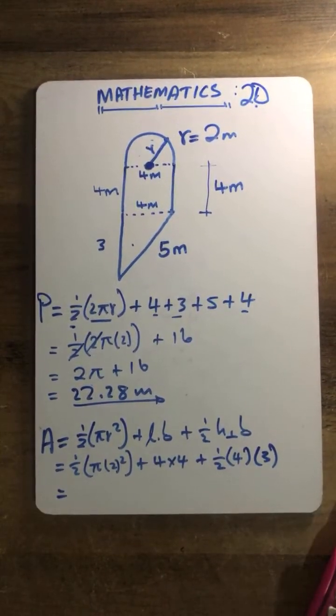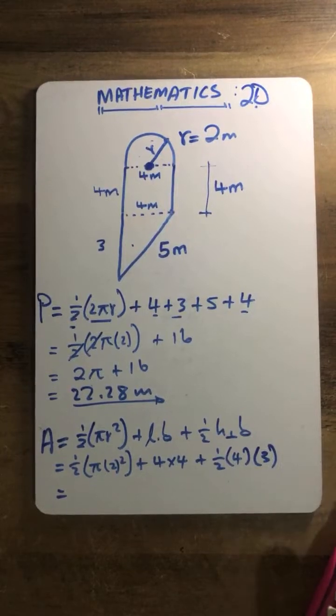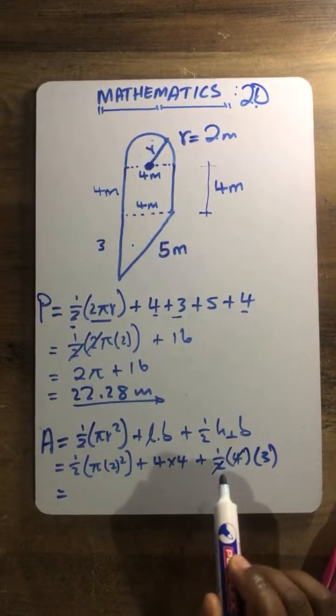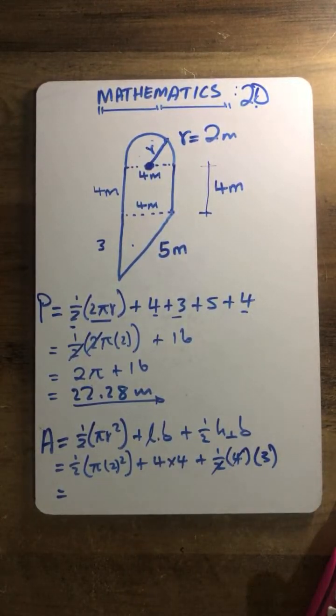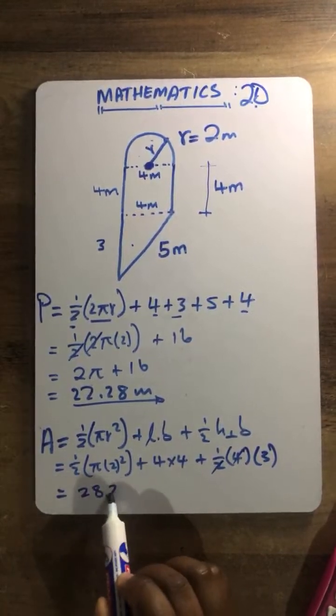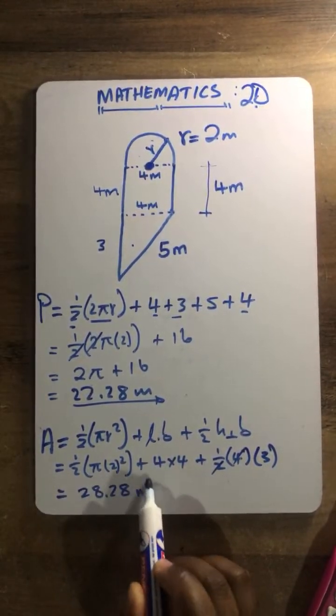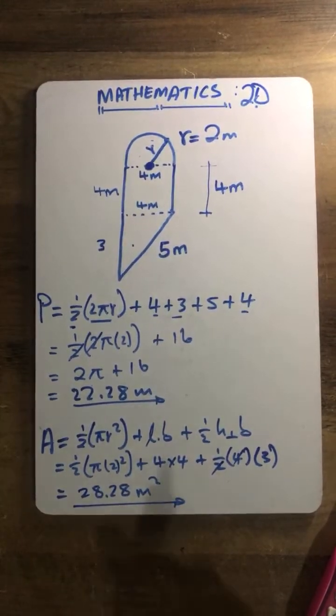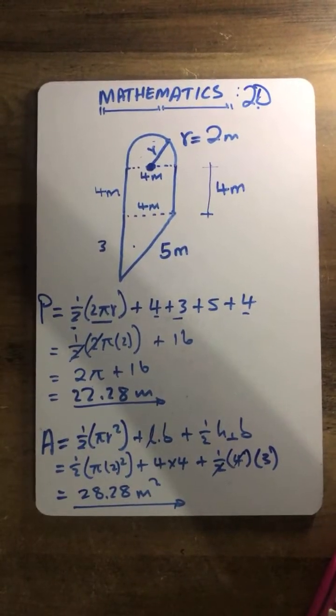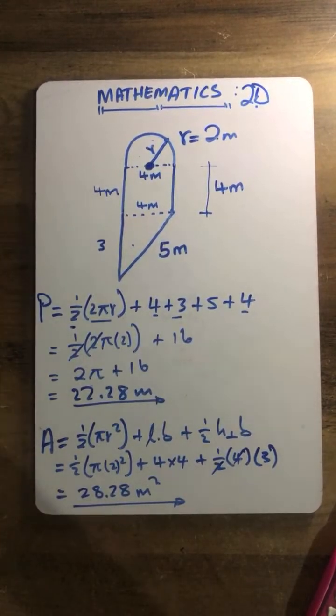So you have half, that is 0.5, times pi, times 2 squared, plus 4 times 4, plus half of 2 times 3, which is 6. Let's see, 28.28 meter. Yes, yes, yes.